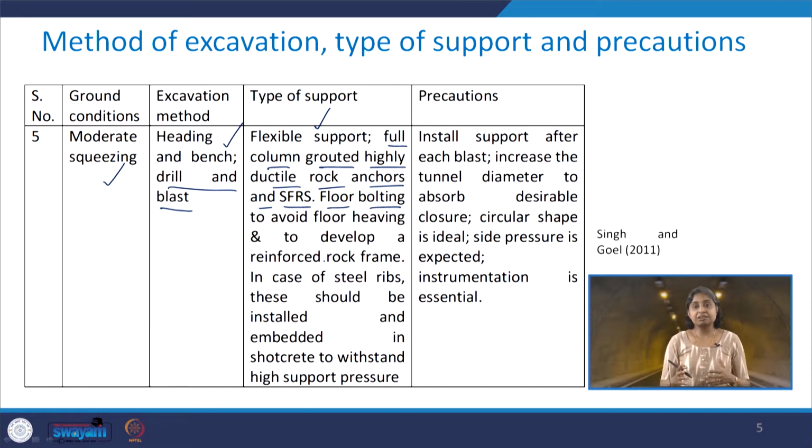Now, in case it is designed that steel ribs are to be provided, these should be installed and embedded in shotcrete to withstand high support pressure. The precautions to be exercised are that we need to install the support after each blast and increase the tunnel diameter to absorb desirable closure.